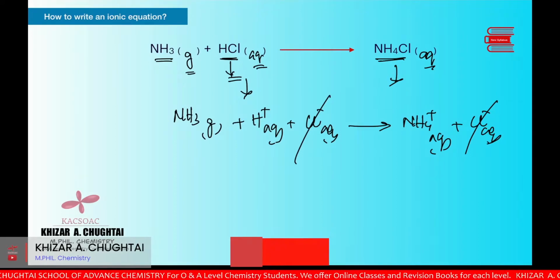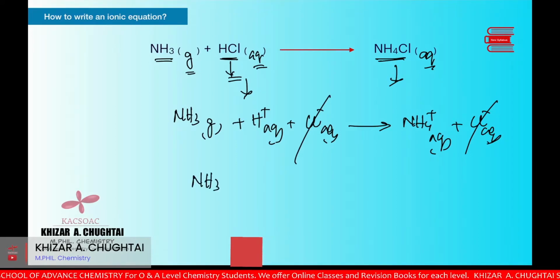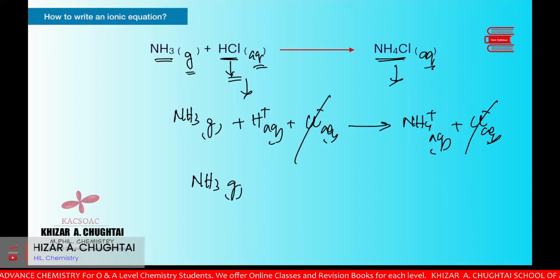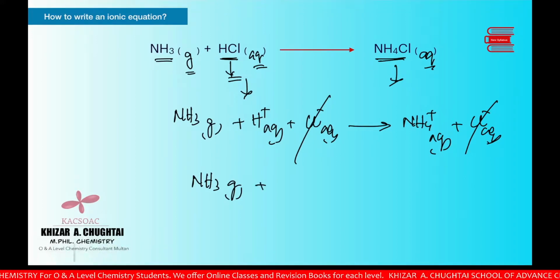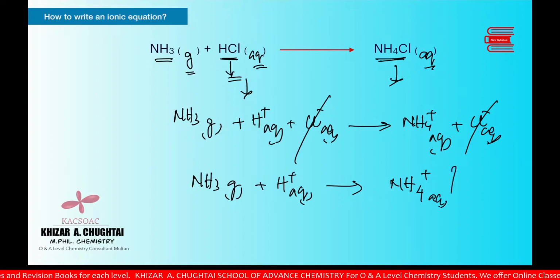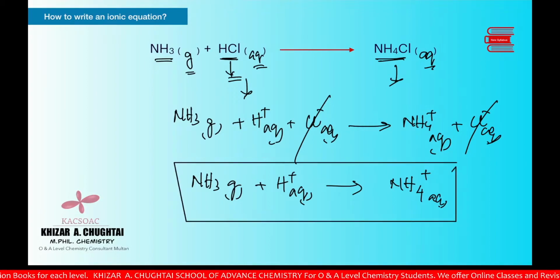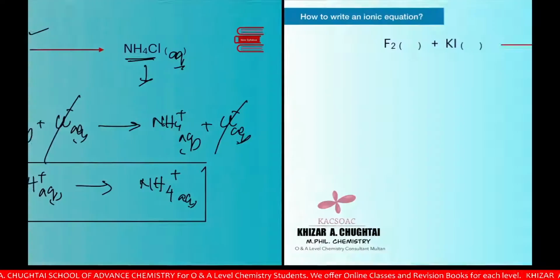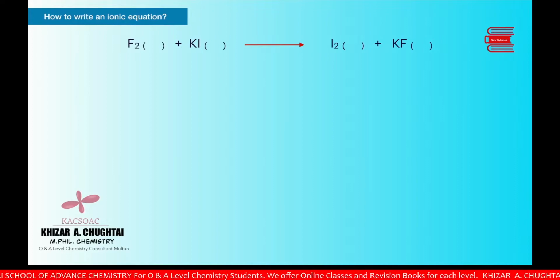The remaining equation will be the gaseous compound NH3 plus H positive ion aqueous going to make NH4 positive ion aqueous. So this is the net chemical change for such type of acid-base reaction. Let's see the next one.